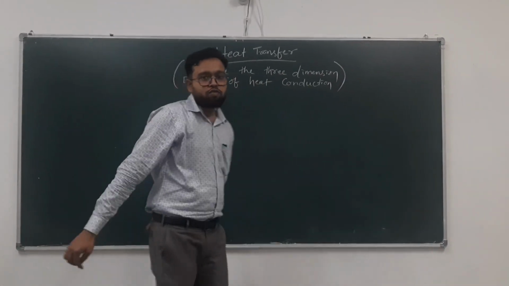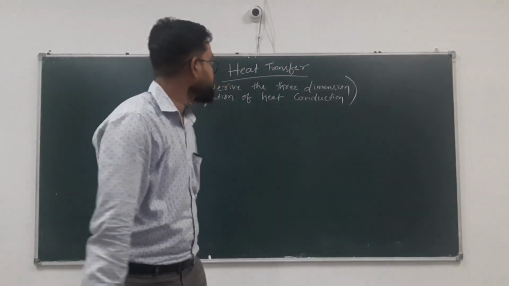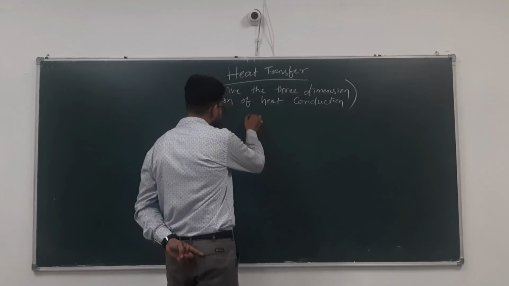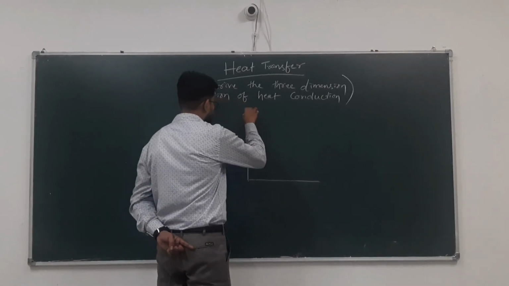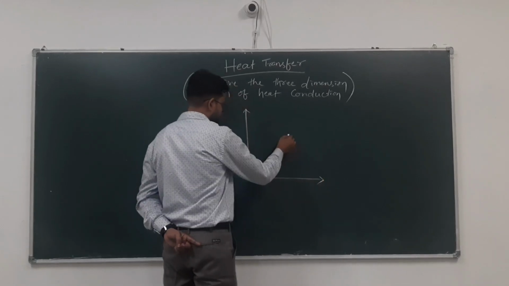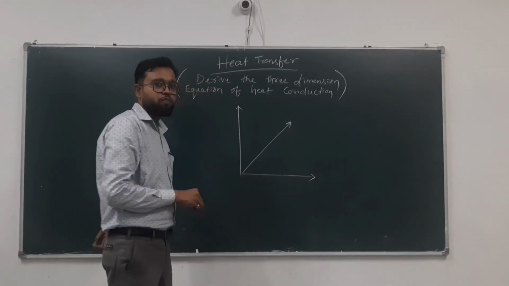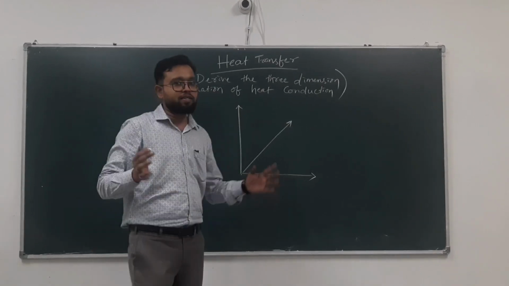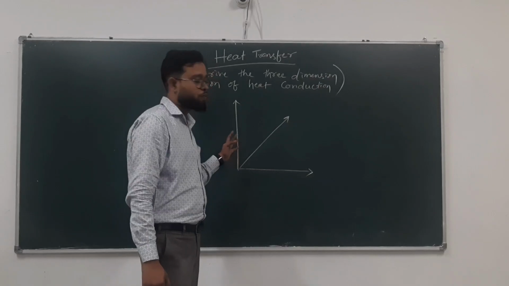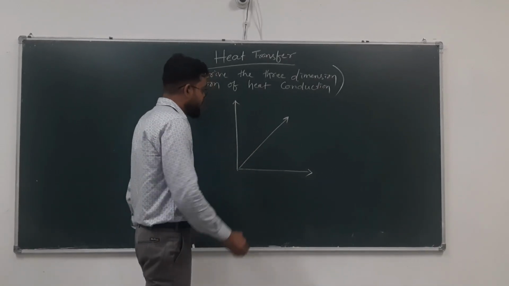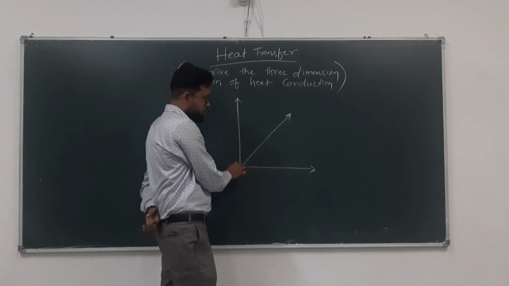Before going to the topic, we should know what is three dimension. Let us assume in the space there are three axes which are perpendicular to each other. Two horizontal axes, one vertical axis.